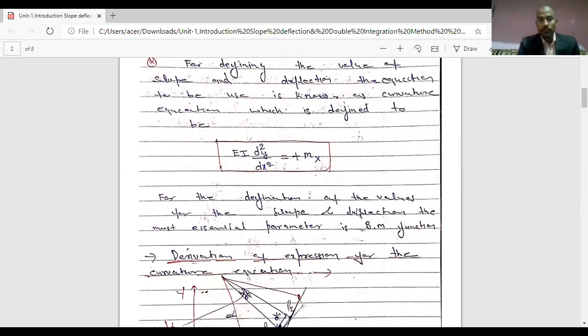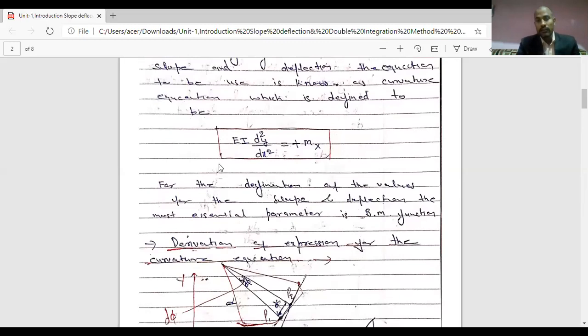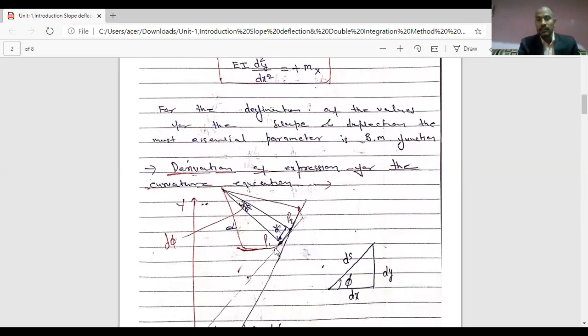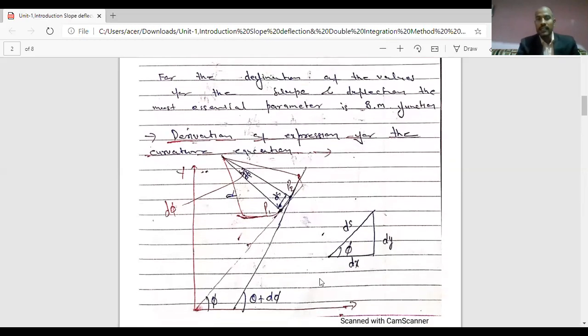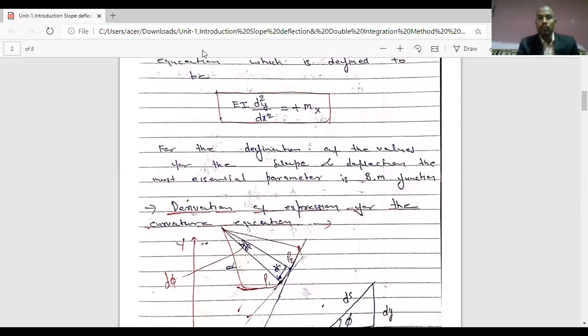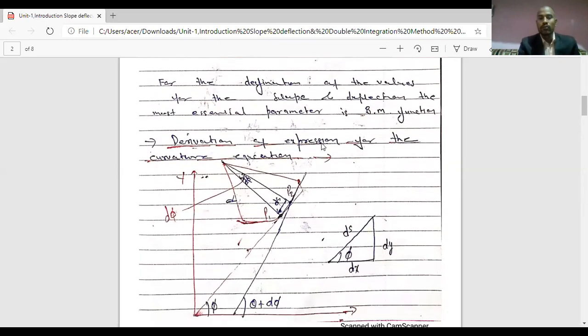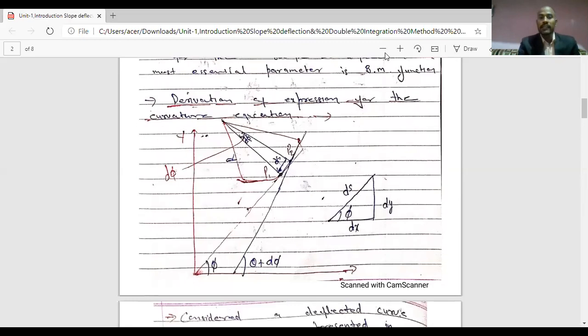So we come to the topic EI d square y by dx square. This equation is derived by these derivations. This equation is called the curvature equation. So by the curvature, we can easily derive it.